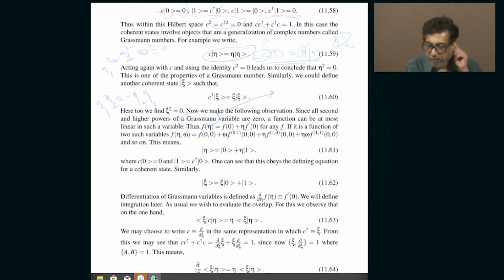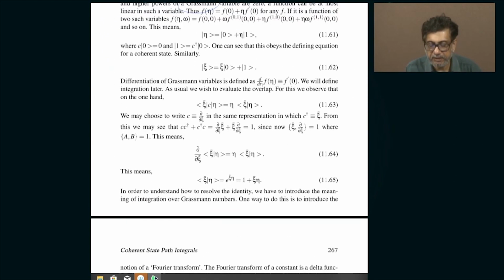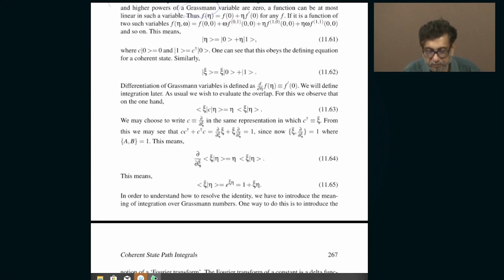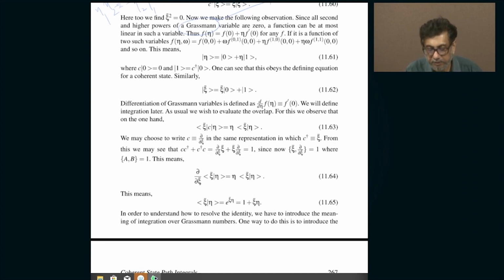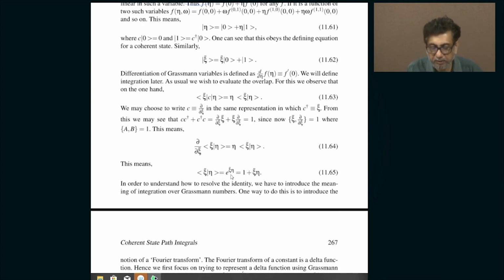So, basically what will happen is that you can now go ahead and construct coherent states with these types of properties. Now, the Grassmann variables have these funny properties, because usually you think that if you use your usual approach like x and p, you see, if you act with p on the state p, on the one hand it is the eigenvalue p times the state, but on the other hand this is basically minus i h bar d by dx.